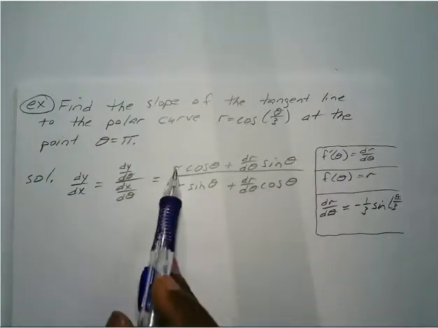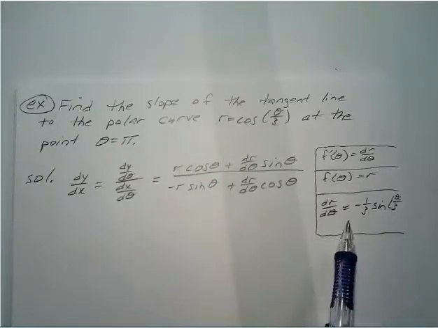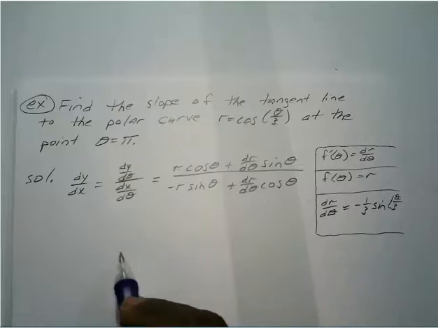Okay, so now just go ahead and replace r with cosine of theta over 3 and our dr/dθ with our value here.